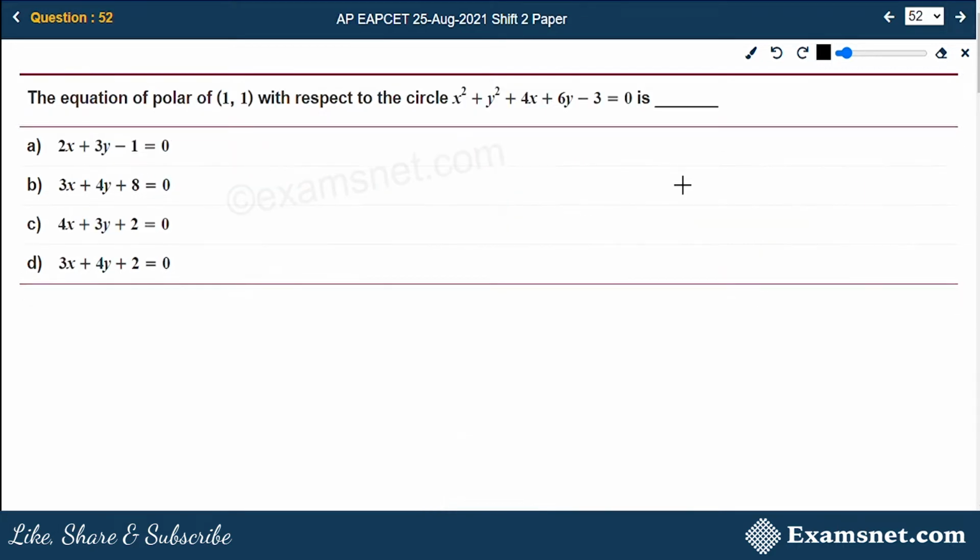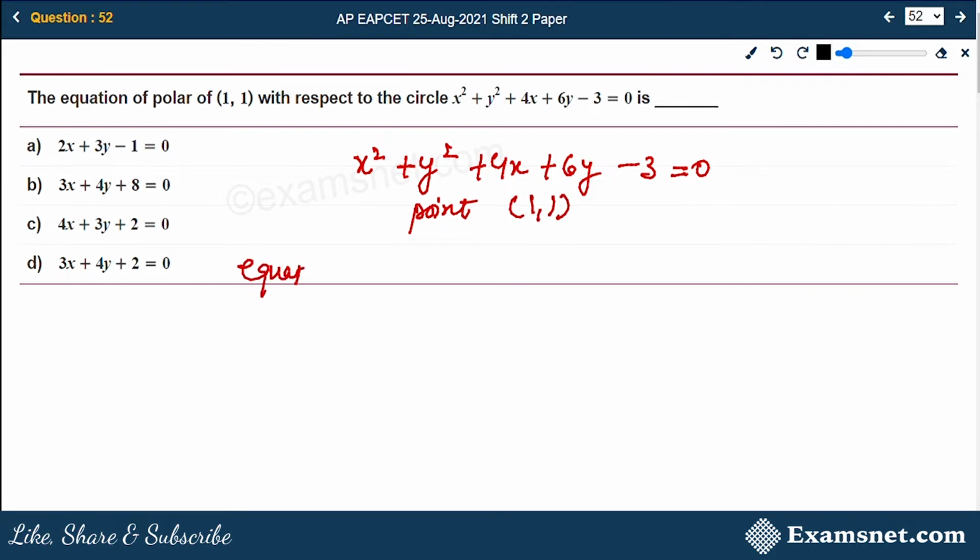Question number 52. The equation of the polar of (1, 1) with respect to this circle is which of these options? You are given that the circle is x square plus y square plus 4x plus 6y minus 3 is equal to 0, and the given point is (1, 1).